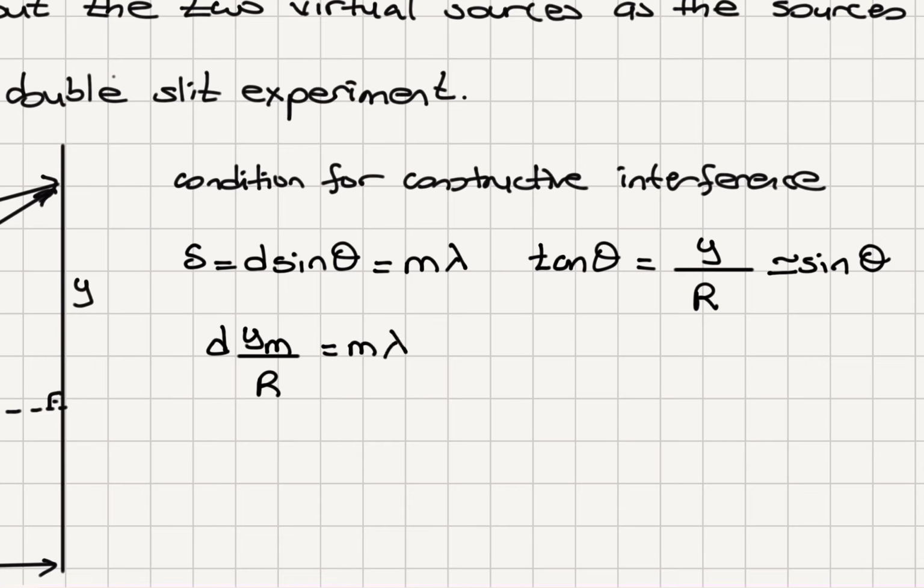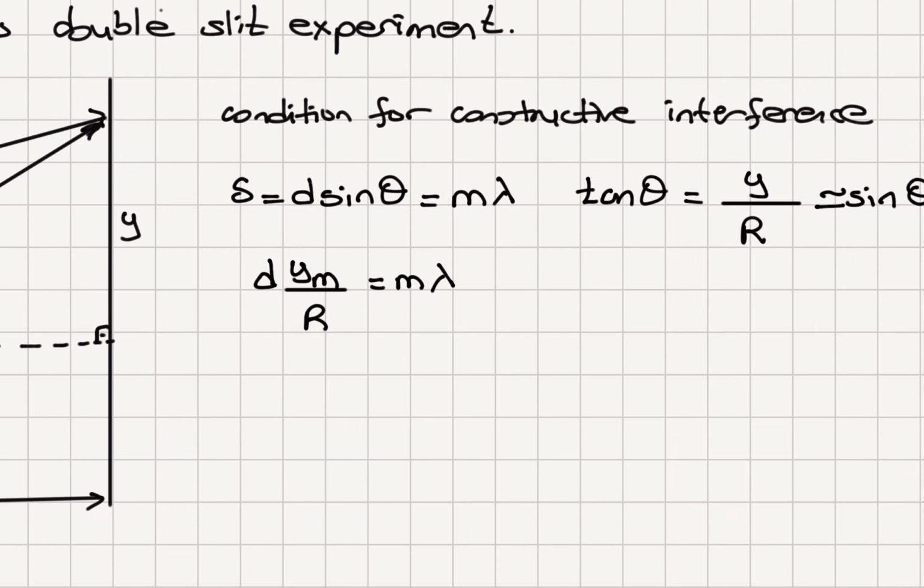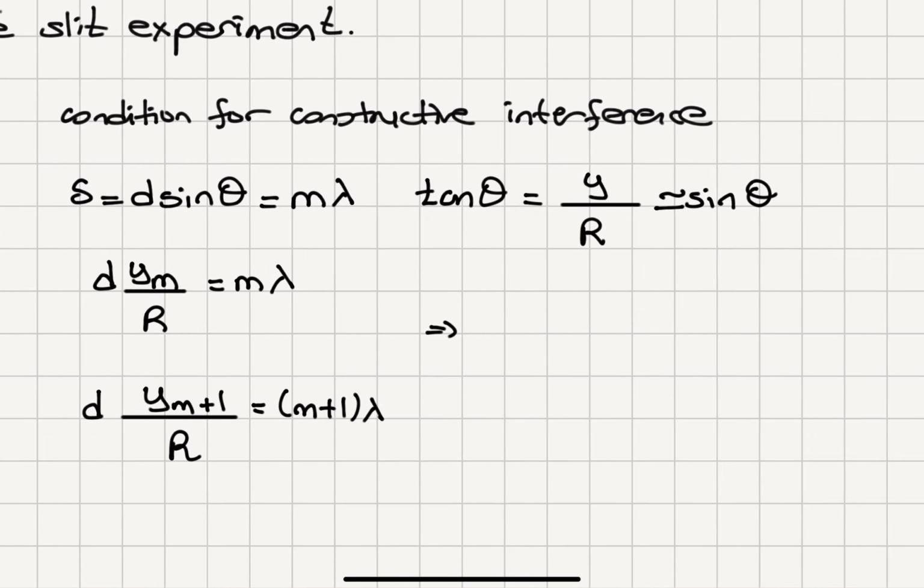And for constructive interference for the next two rays, I will have another position y m plus 1 over R. This will be equal to m plus 1 lambda, which means the distance between these two bright fringes, d times delta y divided by R, will be equal to lambda.